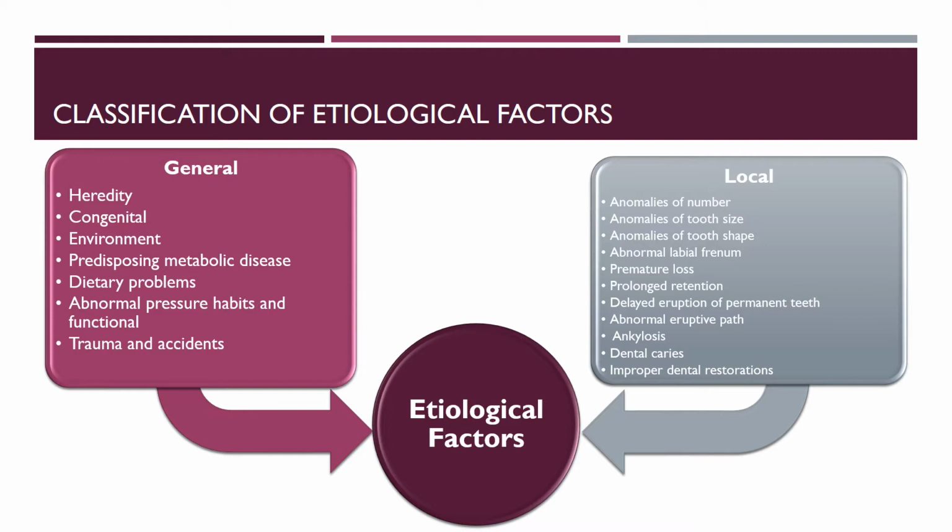While the local factors include anomalies of number, anomalies of tooth size, anomalies of tooth shape, abnormal labial frenum, premature loss, prolonged retention, delayed eruption of permanent teeth, abnormal eruptive path, ankylosis, dental caries, improper dental restorations. All these factors could lead to the development of malocclusion.